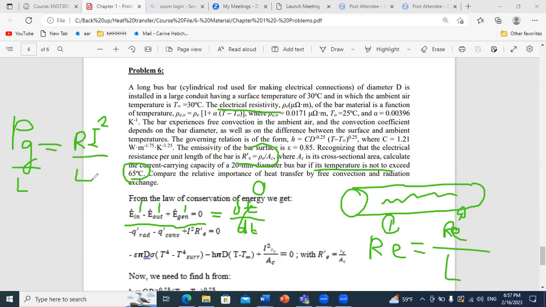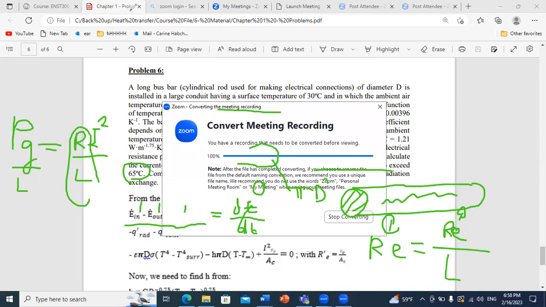And R over L is R prime. In this problem, they gave us R prime. They told us that R prime is the resistivity over the cross-sectional area of the cylinder. The cross-sectional area of the cylinder is pi d squared over 4. So we have AC is known, pi d squared over 4.